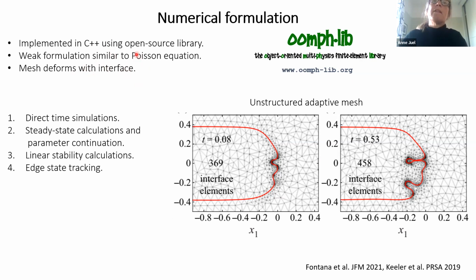This is all implemented in C++, and we have a mesh, as you can see here, that deforms with the interface of the bubble. What I want to point out here is the capability that gives us rather than the details of the implementation. We can do direct time simulations, steady state calculations, and parameter continuations.